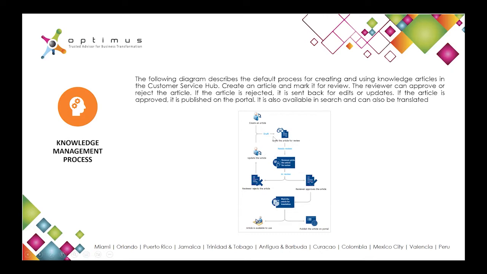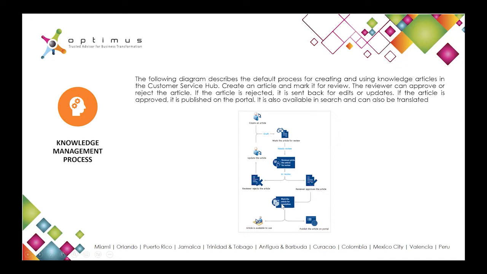You could create an article and define who is going to be reviewing it, and they could request changes if it's not according to the requirements. But if it's according to the requirements, it's going to be in review status. As soon as you review the article it could be approved, and after that you could publish the article.